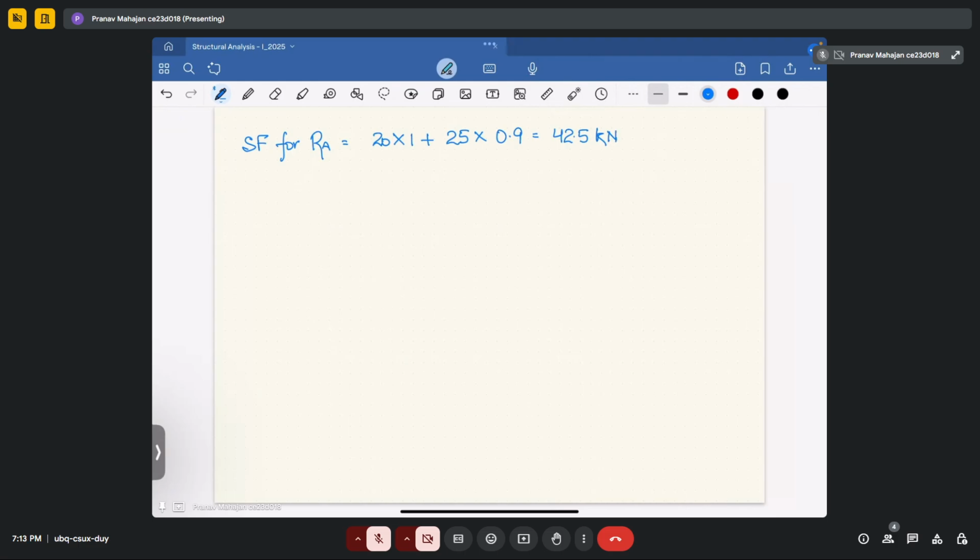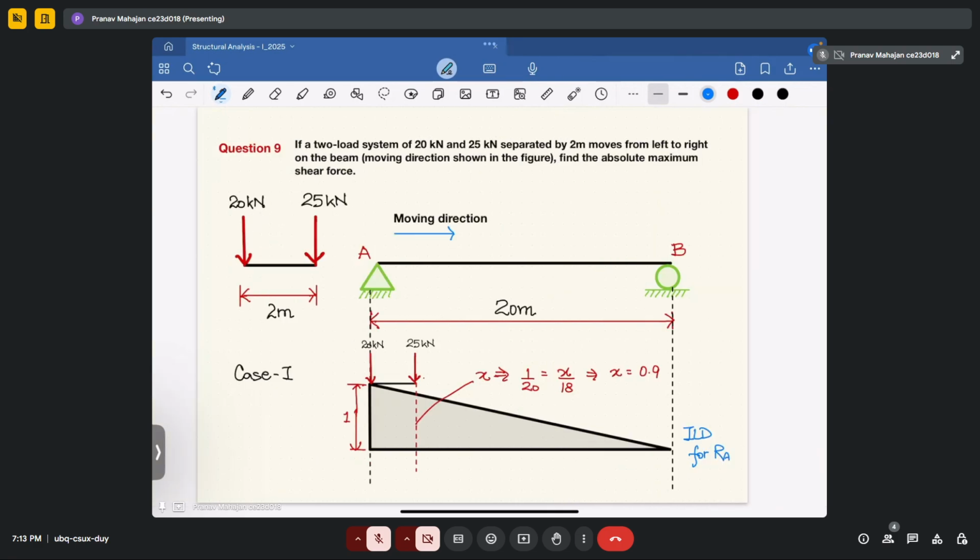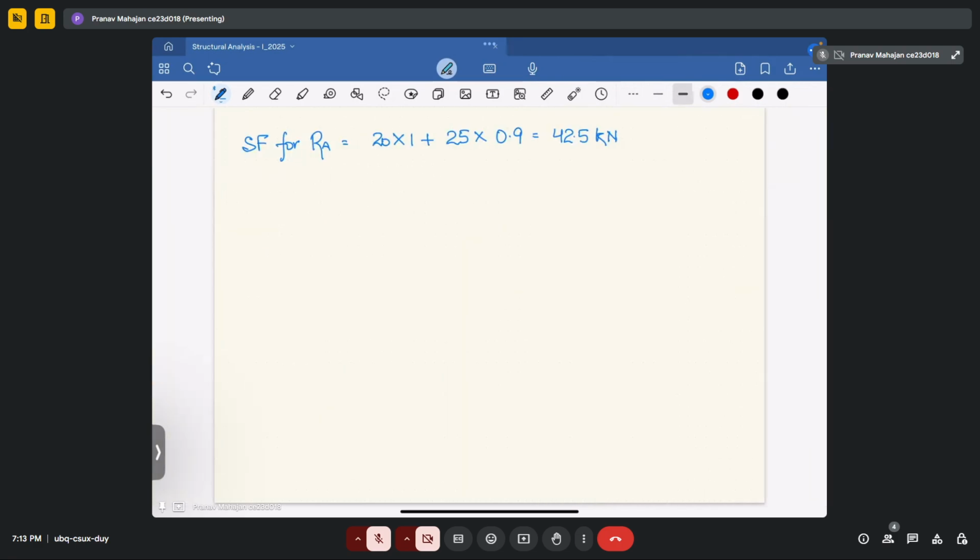Now, again what we will do, we will take this and put the load in another load assembly. So let me draw again two lines. Let's say the distance between these two lines is 20 meter, and I am providing unit displacement at reaction RB.